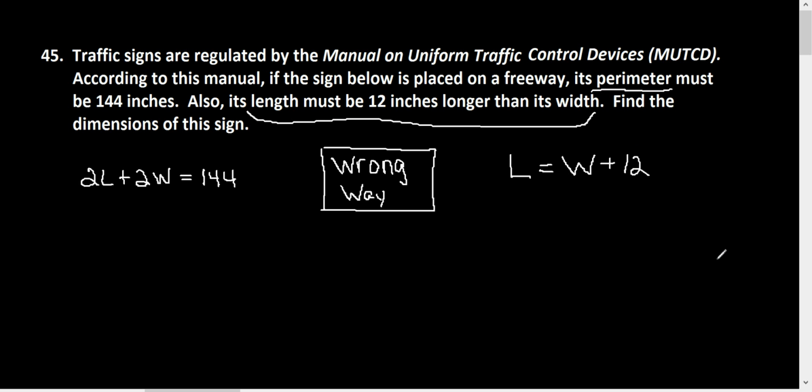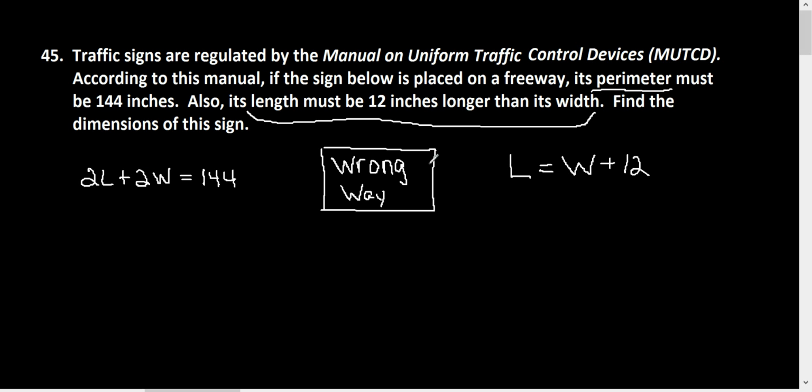And that's my second equation. It's kind of hidden in there when we're reading it. We were looking for something other than that type of statement, but many times in perimeter problems they use that type of language for the second equation. We have to pick up on it. Oh, the length is, and then you know how that goes with inches longer than the width, or inches longer than the height, or whatever the case may be.